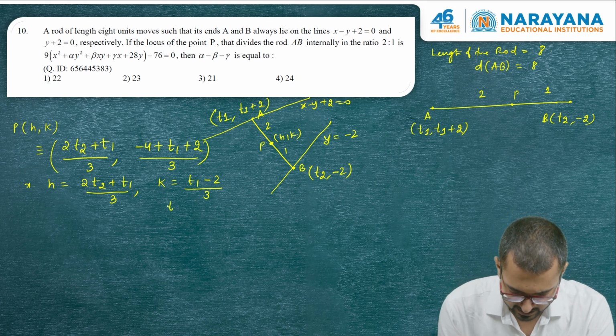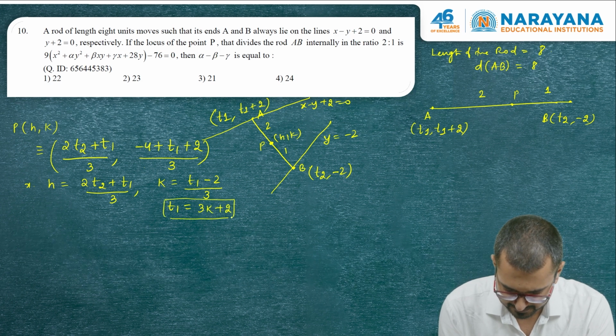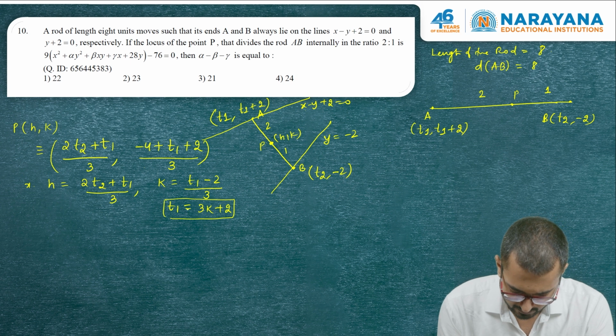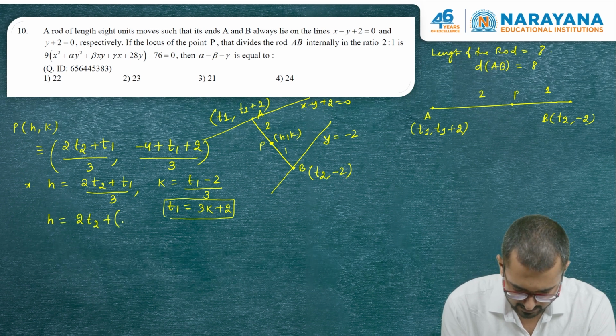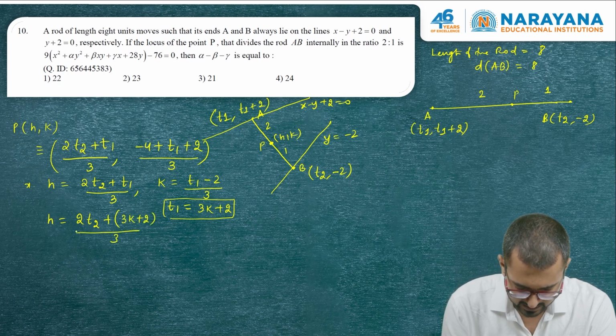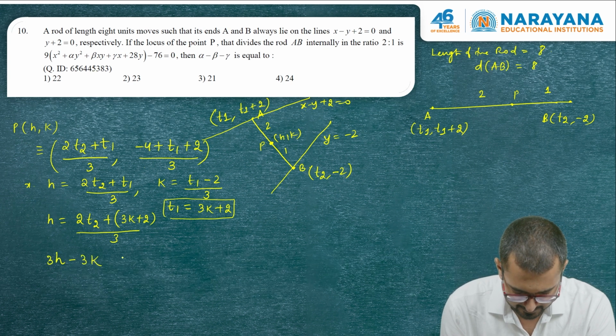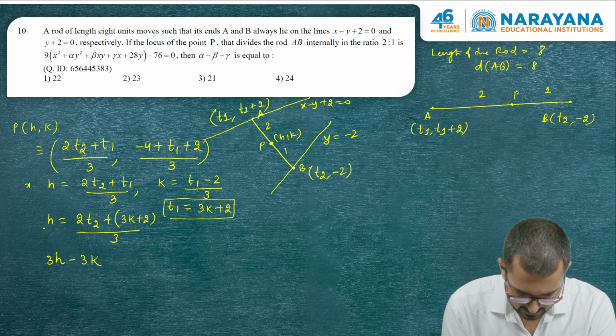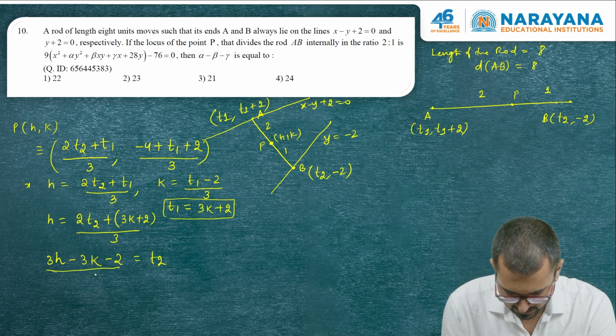So t1 I can write down now: 3k plus 2, that is my t1. And from here h is equal to 2 t2 plus t1, we know it is 3k plus 2, upon 3. So from here we can write down t2 now. That will give me 3h minus 3k minus 2, is equal to 2 t2, and then by 2.